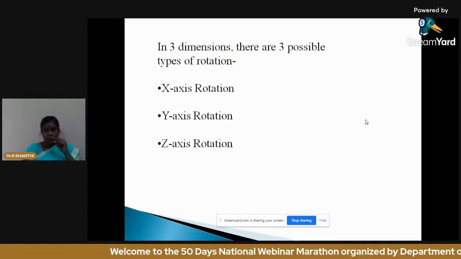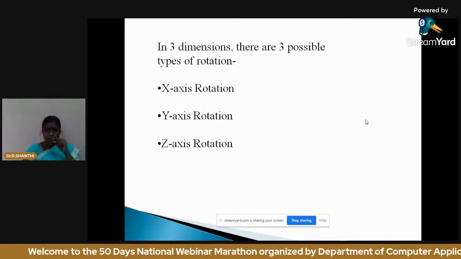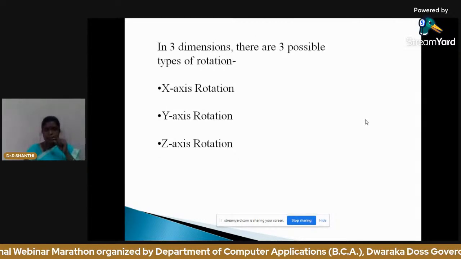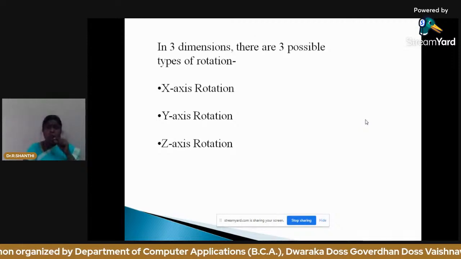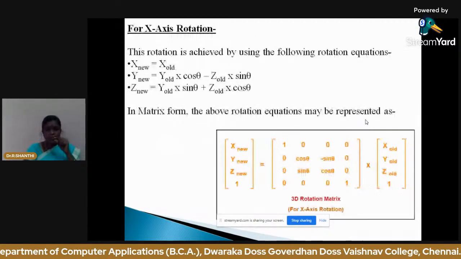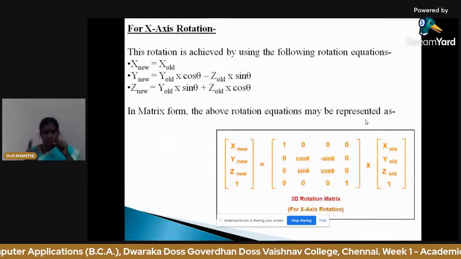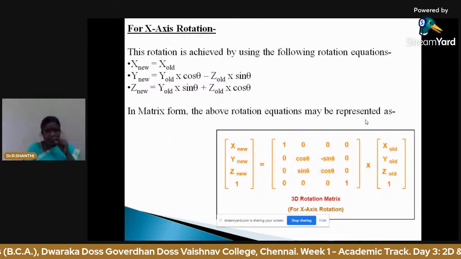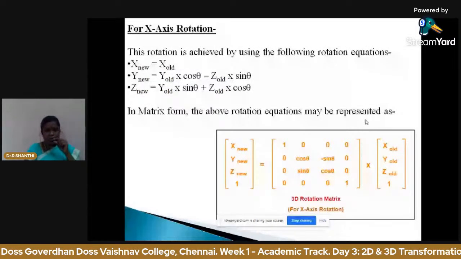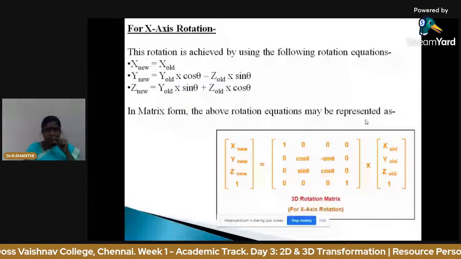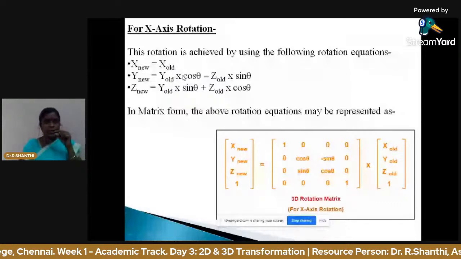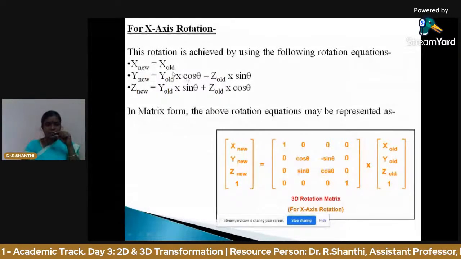Three possible types. Rotation we have. In 2D we rotated in either the x-axis or y-axis. Here we are going to rotate the object in three possible directions: x-axis, y-axis, and z-axis. Right. X-axis rotation. This is the equation for you. As you know, in 2D rotation the value is cos theta, minus sin theta, and then cos theta, right?